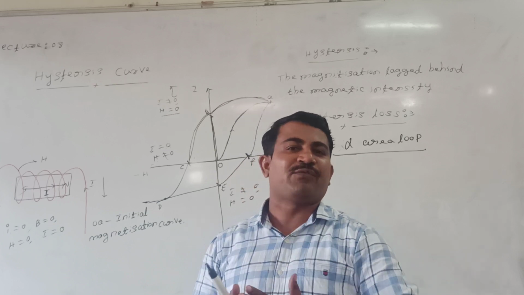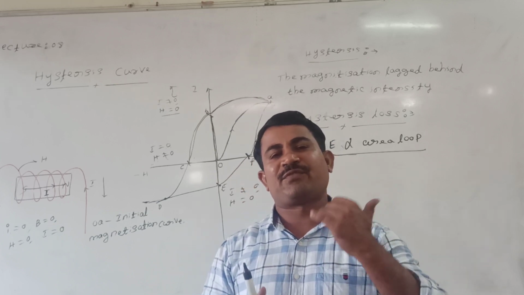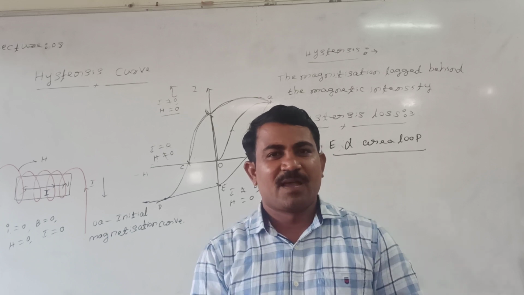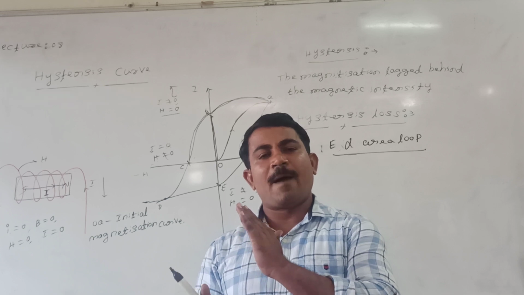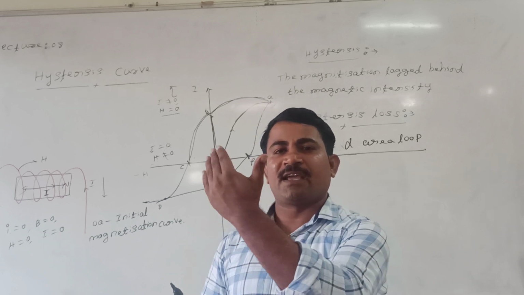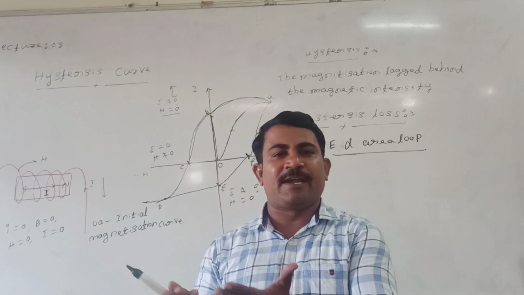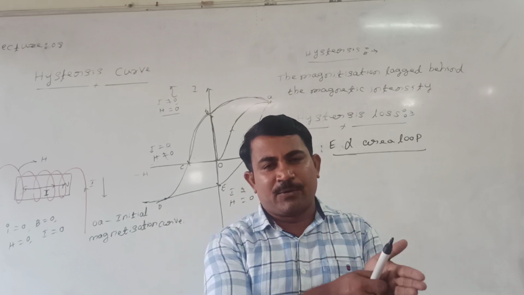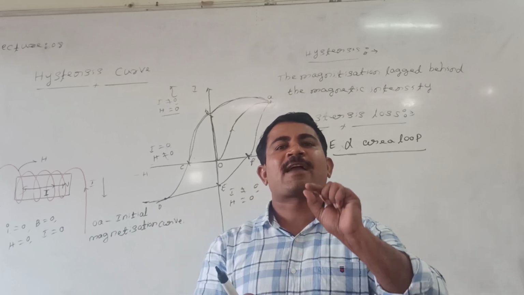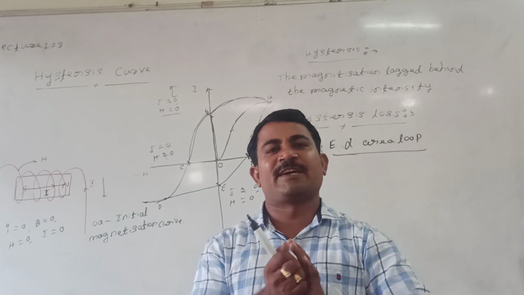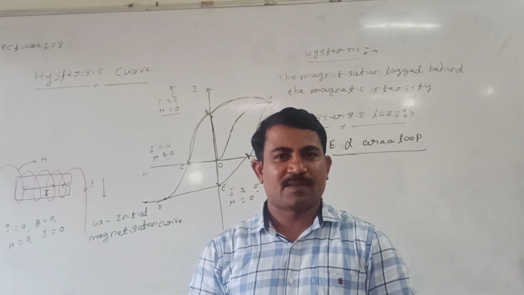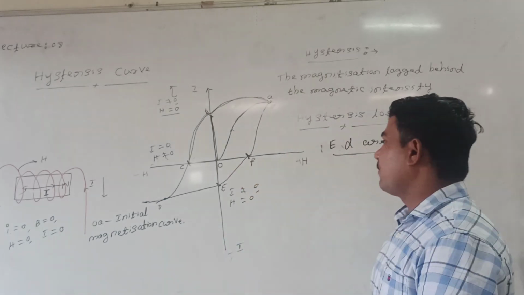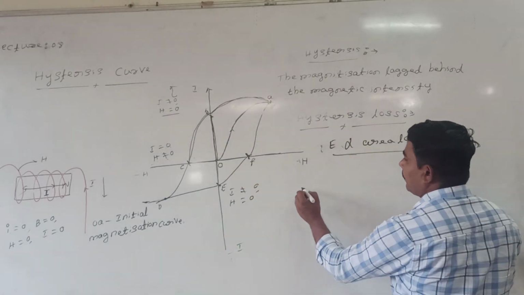One we are calling hard ferromagnetic material and the other soft ferromagnetic material. Hard ferromagnetic materials mean if you apply an external magnetic field to a ferromagnetic material and that external magnetic field is removed, even then magnetic field lines remain in the material. Those we are calling hard ferromagnetic materials. An example of a hard ferromagnetic material is alnico.